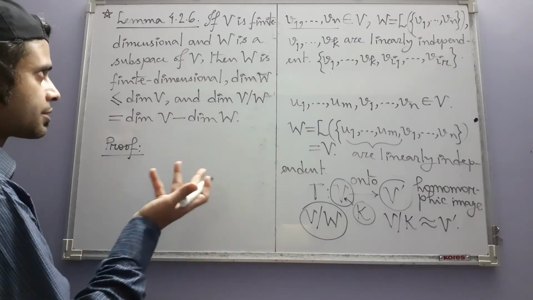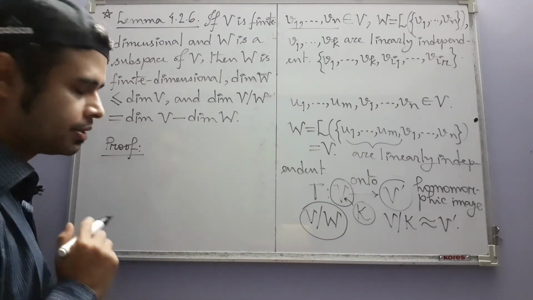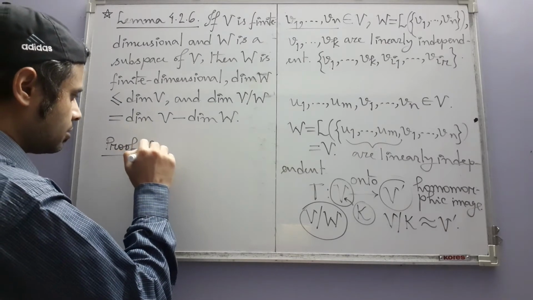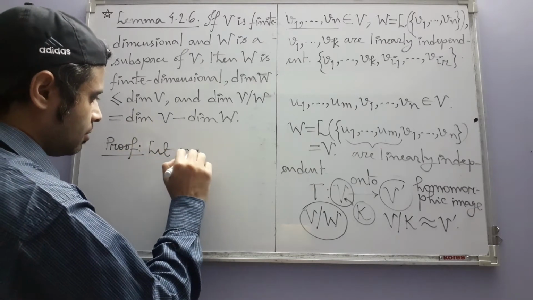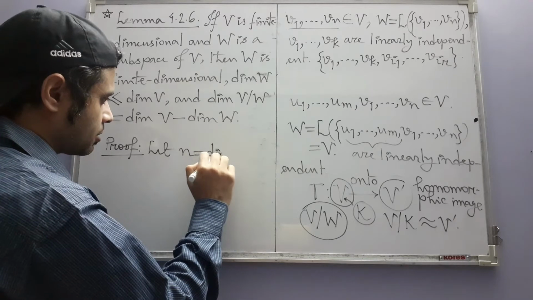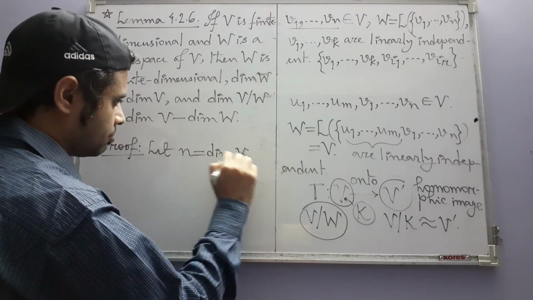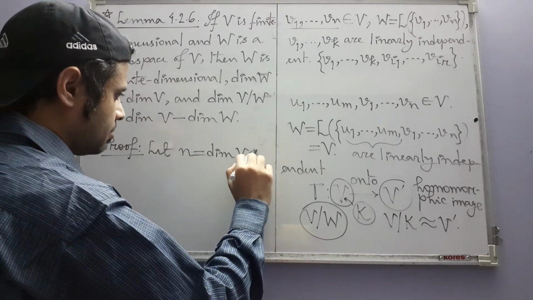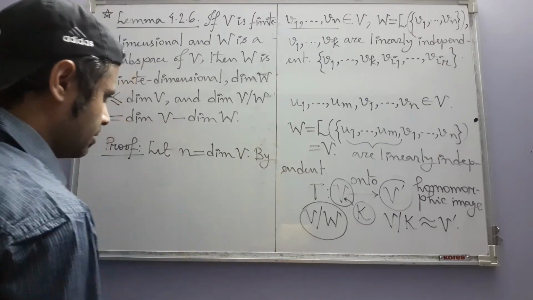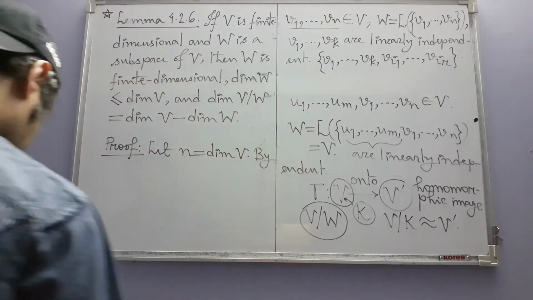So again we start with the finite dimensionality of V. Let n be the dimension of V. Then by what is that result?